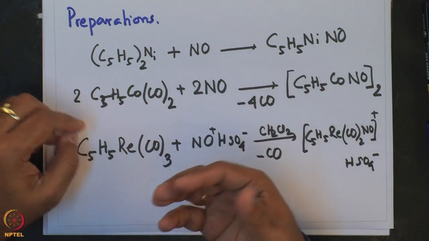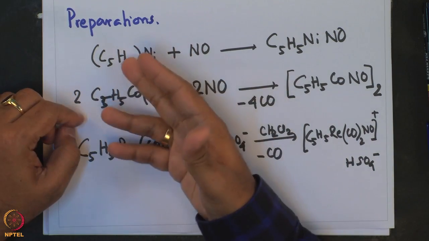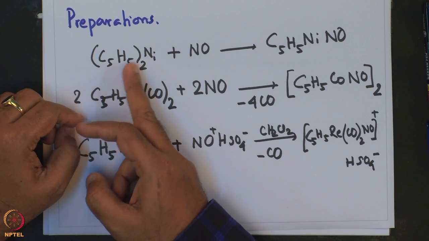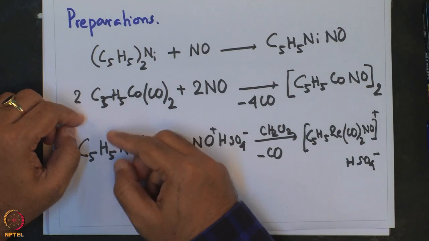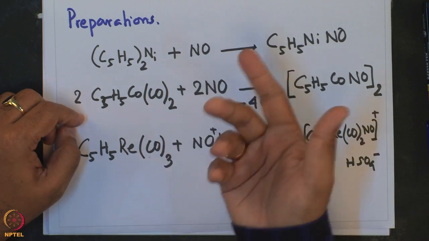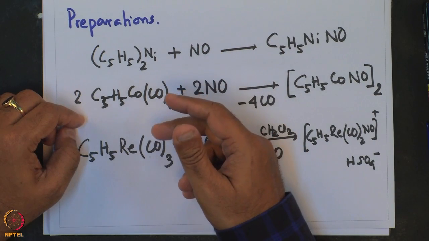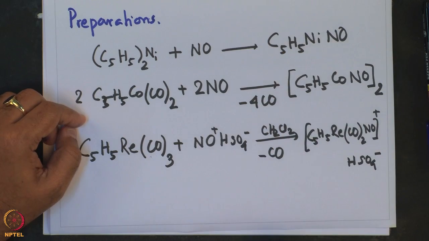Now, all of these reactions have a commonality, and the commonality is that these are either binary metal cyclopentadienyl complexes or half sandwich metal cyclopentadienyl carbonyl complexes, which react with NO to give these cyclopentadienyl transition metal nitrosyl complexes.